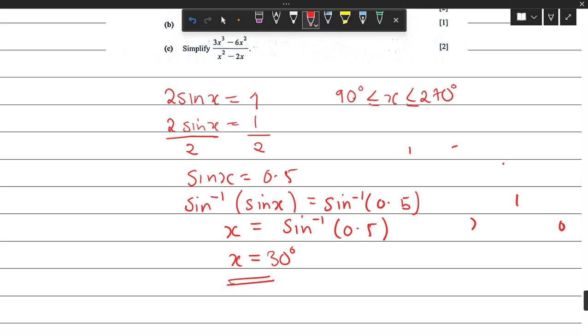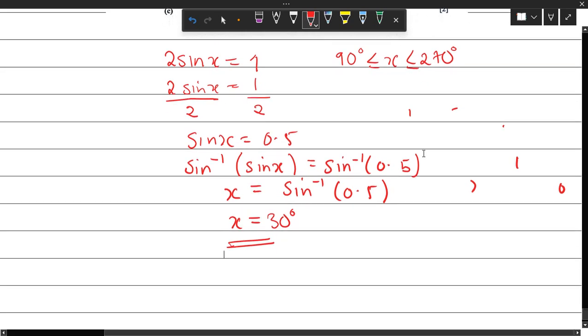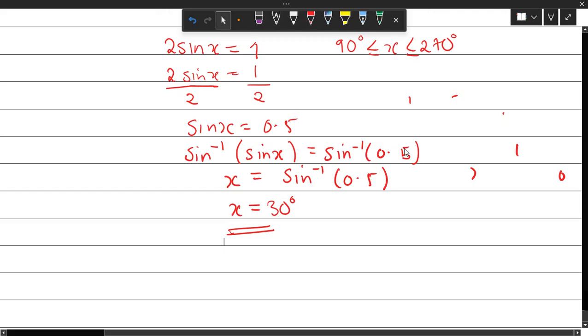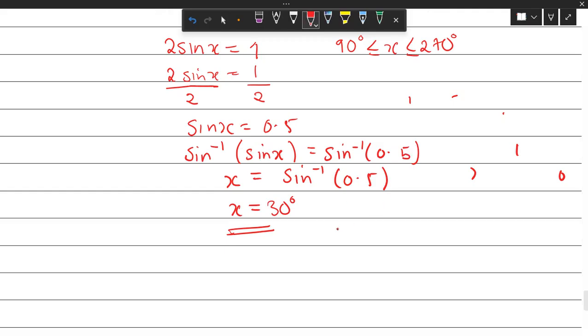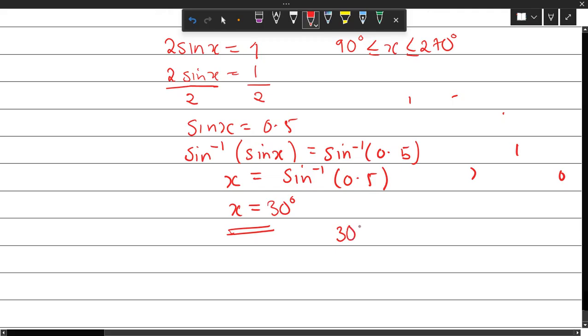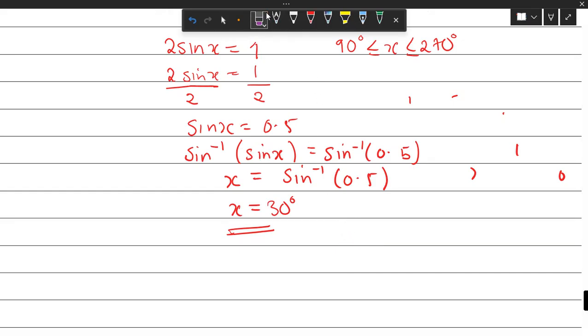So 30 should be less or equal to 90. Let's see if it makes sense. So we found our answer to be 30.